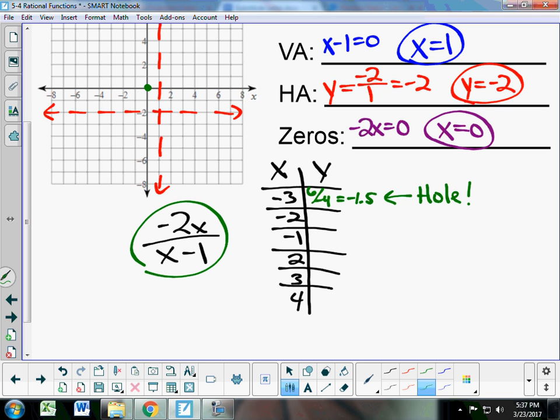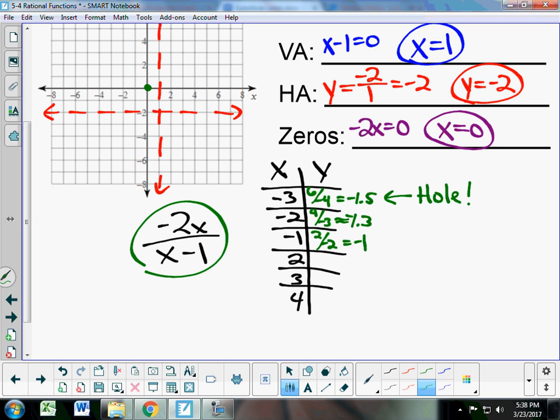All right, so plug in negative 2, you get 4 over negative 3. So this is equal to negative 1.3 repeating. So we'll just say about negative 1.3. Plug in negative 1, that's going to be 2 over negative 2. So that's equal to negative 1.